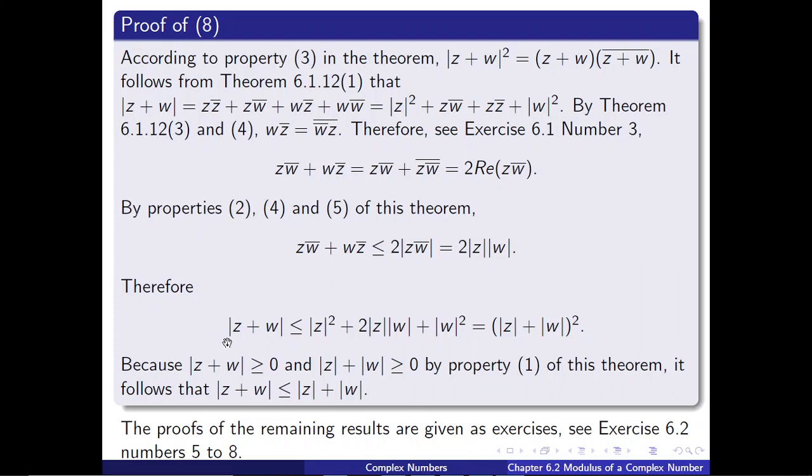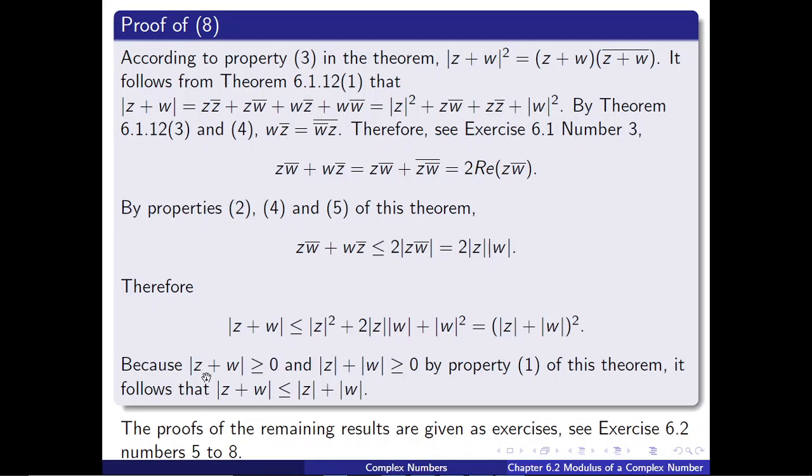And so therefore what we have shown is that the modulus of z plus w squared is less than or equal to the modulus of z squared plus this, which replaces that, and then plus the modulus of w squared, which if we do a factorization, we will find is just equal to the modulus of z plus the modulus of w all squared.